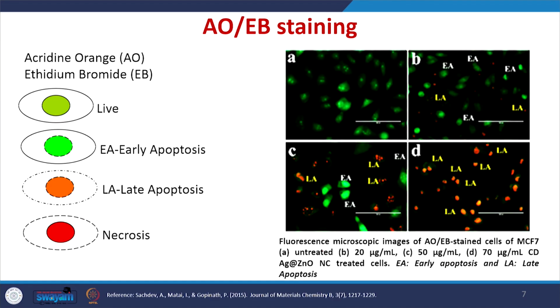From this data, you can clearly understand the figure A, this is untreated, okay, whereas the figure B, C, D, these are treated with different concentrations of nanomaterials, and you can see that this bright green fluorescence is the early apoptotic cells, and this orange color, as I told earlier, these are the cells at the late apoptotic stage, and here there are no necrotic cells, there is no red color fluorescence. So, when you treat with these nanomaterials, you can simply stain with this combination of these two dyes, and we can easily identify the cells which are in the early apoptotic and the late apoptotic stage.